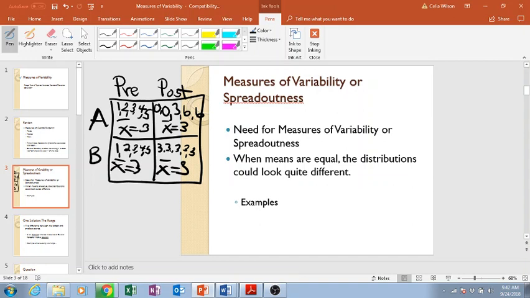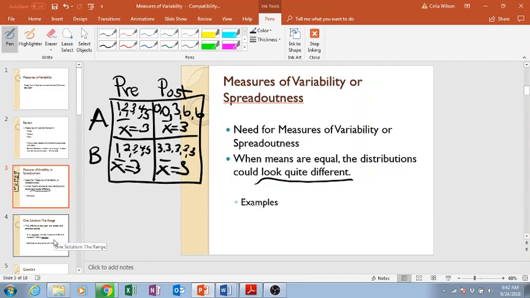Everybody kind of bunched in the middle here in style B. So we definitely have distributions that look quite different. If we were only looking at the means, we might come to the wrong conclusion as far as the quality or the effectiveness of these two teaching styles. All right, so we need some more information.